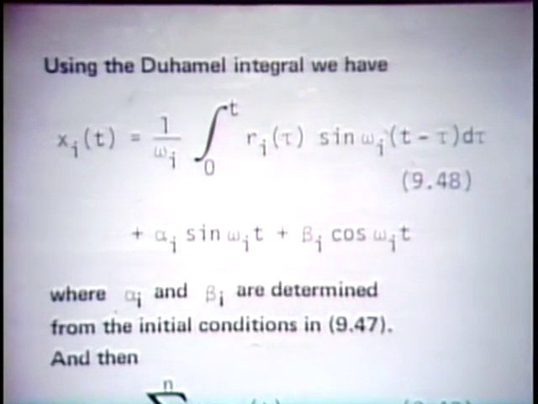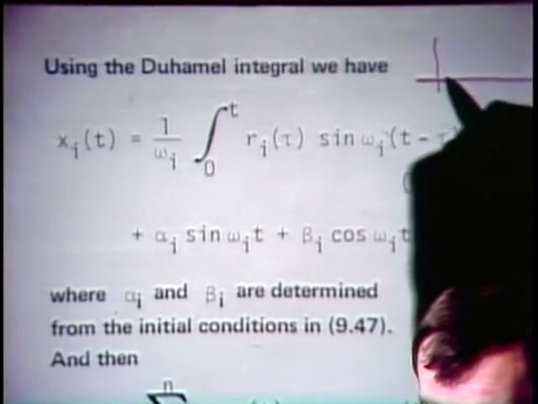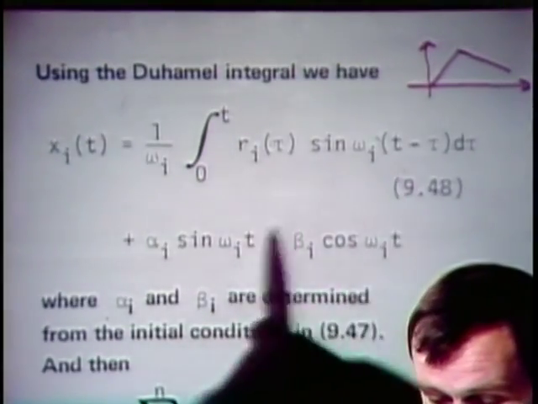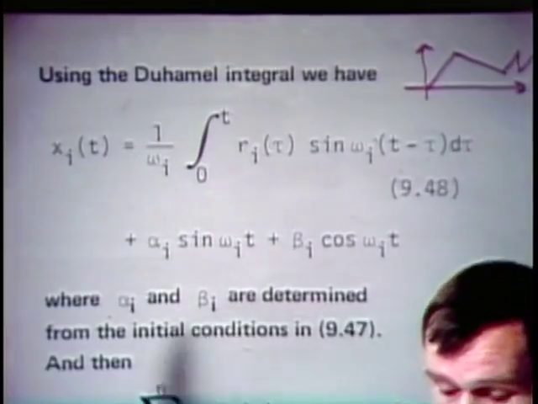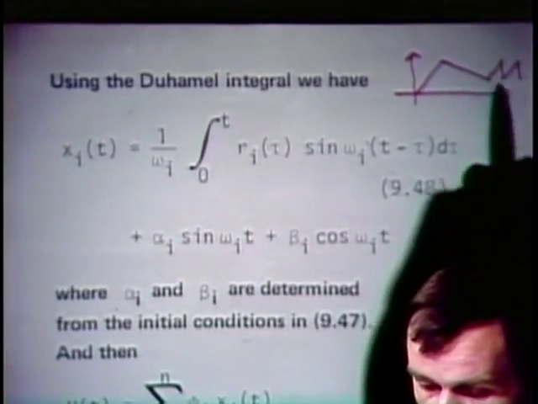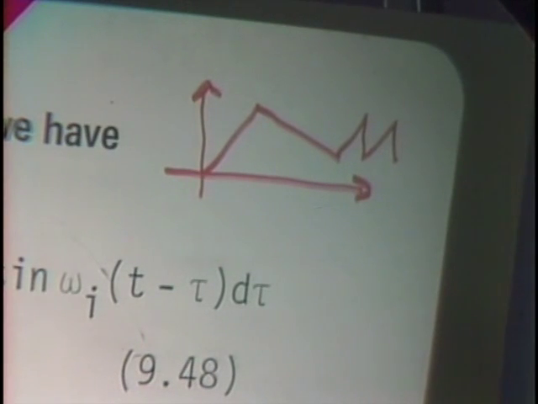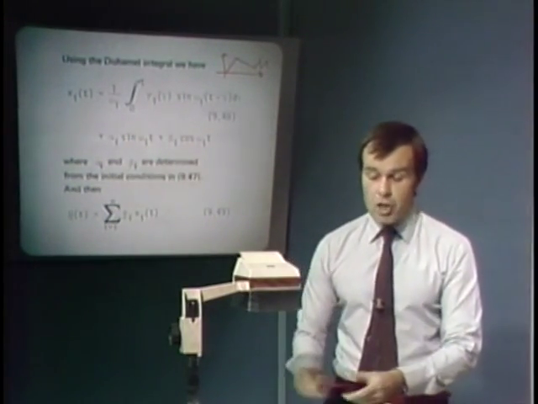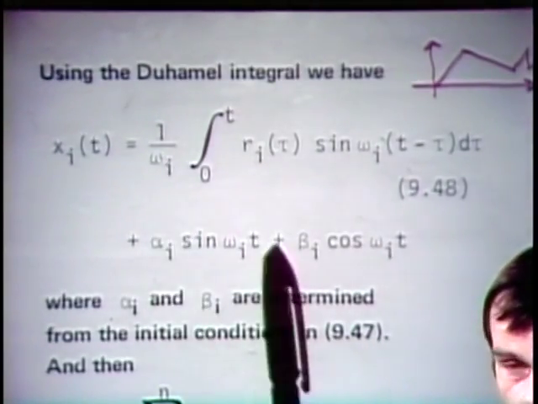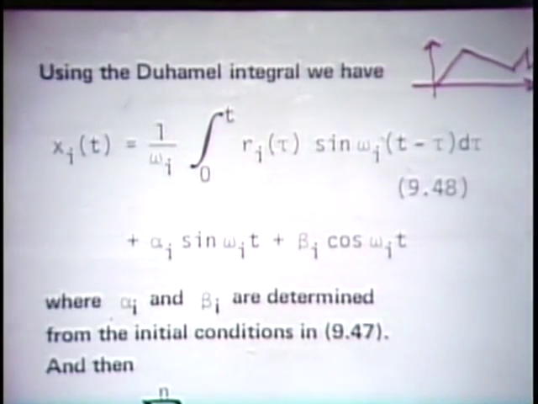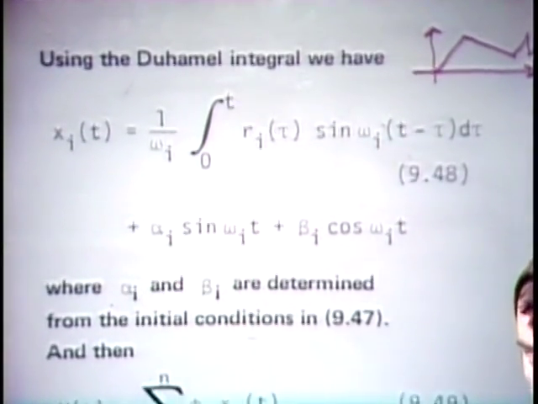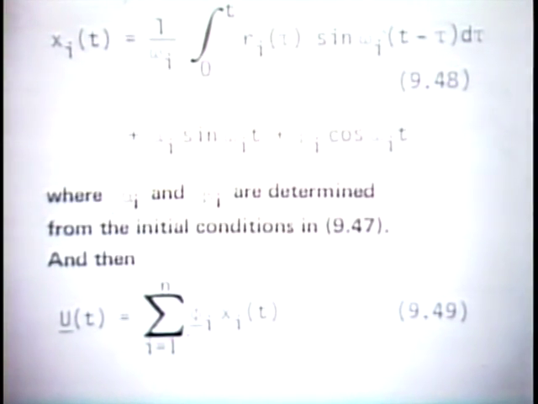In a computer program, very frequently, R_i would only be given as a sequence of straight line segments. If it is very complicated, like in an earthquake analysis, where R_i might be varying very rapidly, we might still want to evaluate this numerically. However, in general, we can evaluate this relationship analytically, and we don't need to use numerical integration. Having got x_i, of course, we get our u of t as shown here by transforming back.